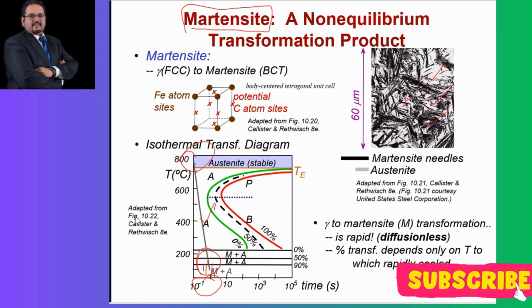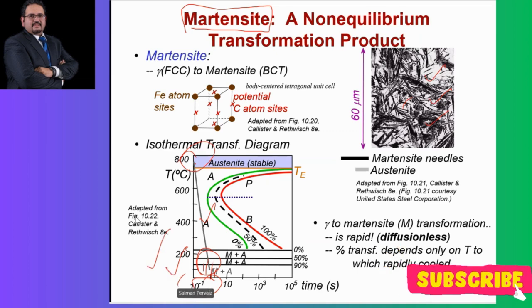And what happened here is that you do not have the time, because it's very fast. You remember I mentioned two types of transformations. The first one was diffusive and the other one was displacive, right? So which one is happening here? If it is going to cool in 1 or 2 seconds, do you have enough time for diffusion?